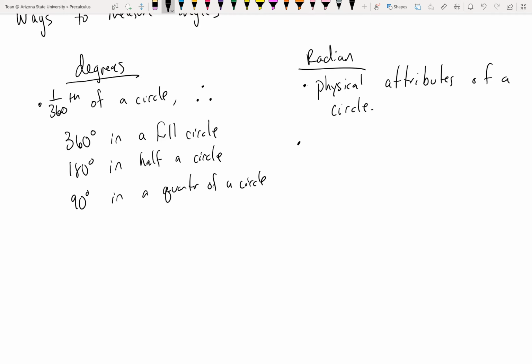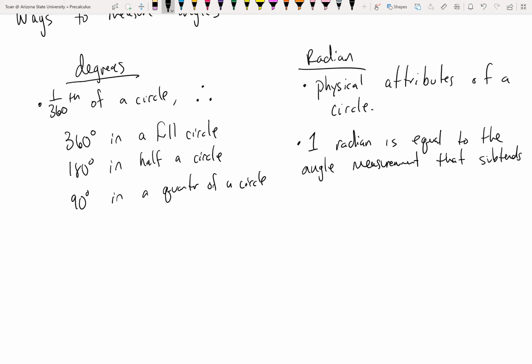It is defined as: 1 radian is equal to the angle measurement that subtends an arc length of 1 radius.